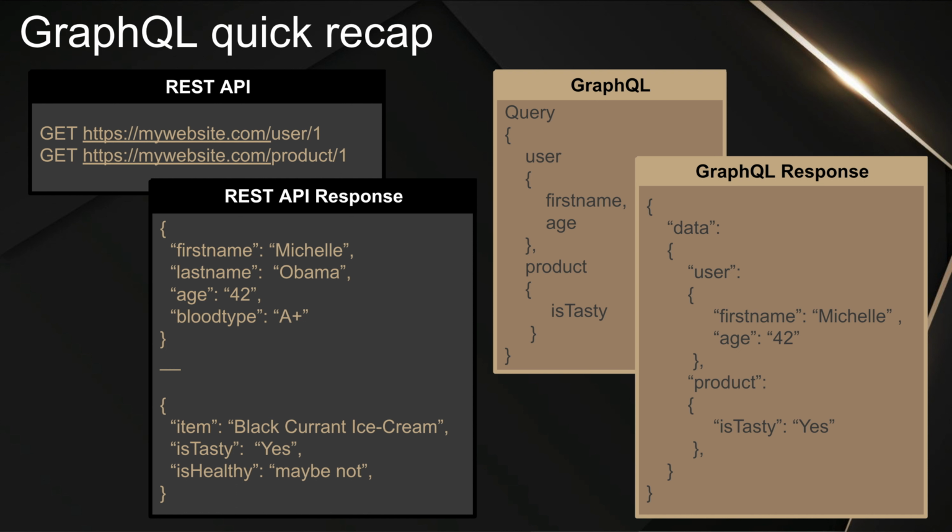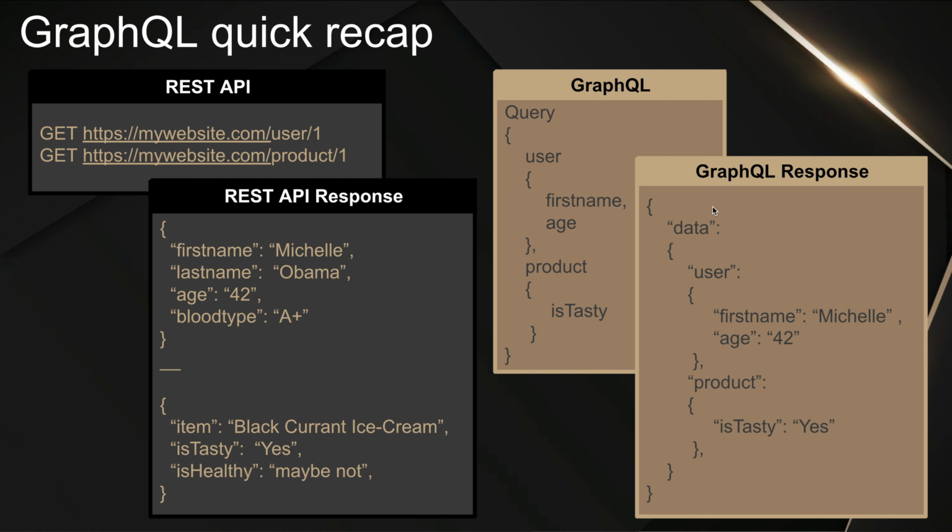With the REST API, the other interesting thing is that if you want information about a user and a product, you might potentially have to hit two separate endpoints. So you have two separate requests with two separate endpoints, and you get two separate responses.